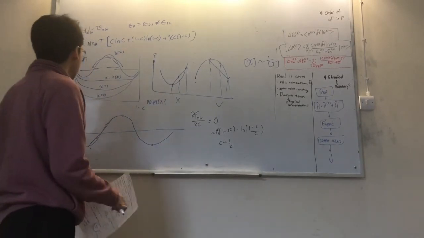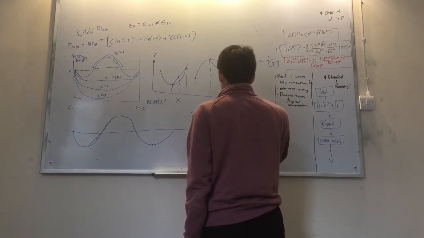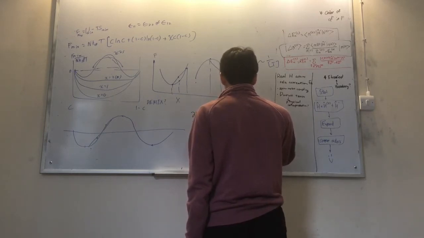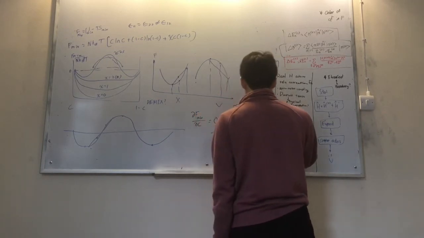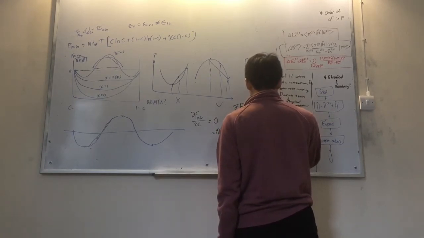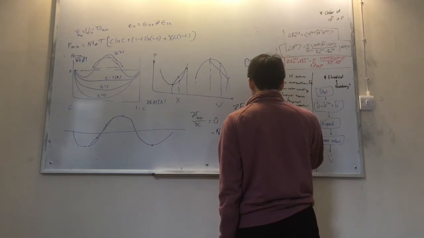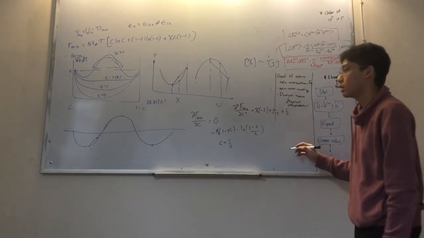If you do partial to F and make it 0, chi minus 2 minus, then equals 0.